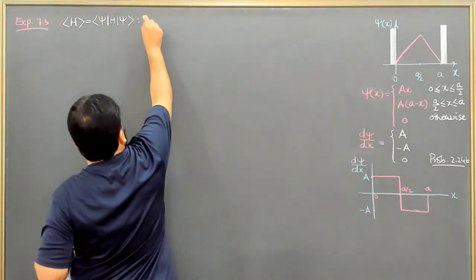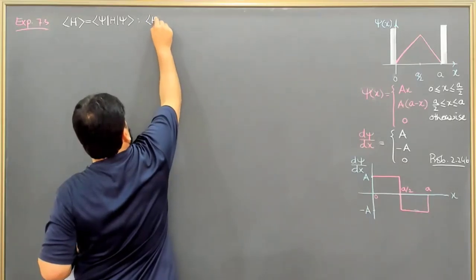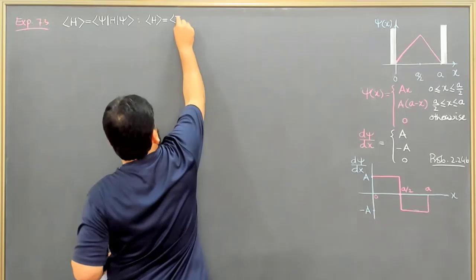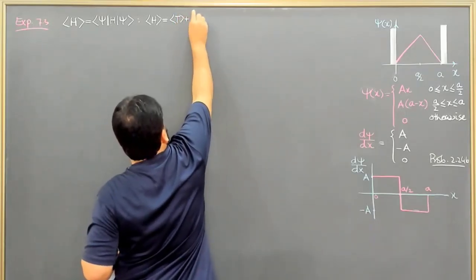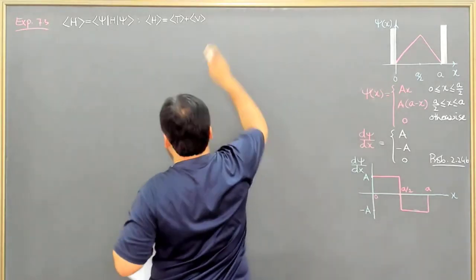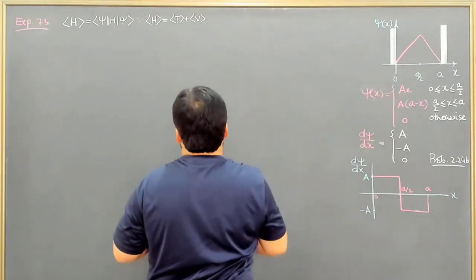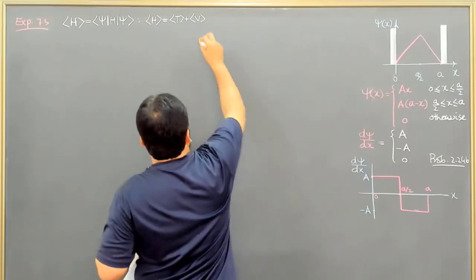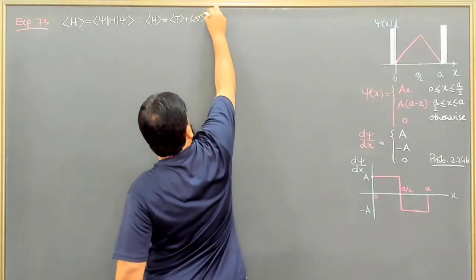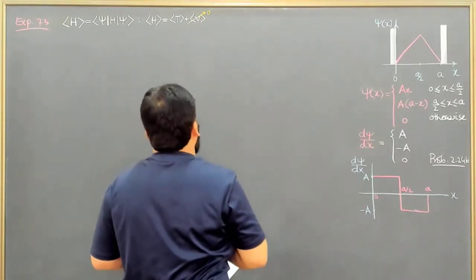The expectation value of H is the sum of the kinetic energy and potential energy, but inside the well V is equal to 0.